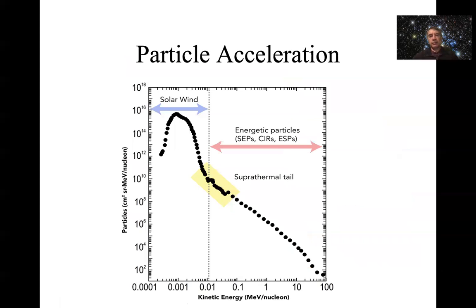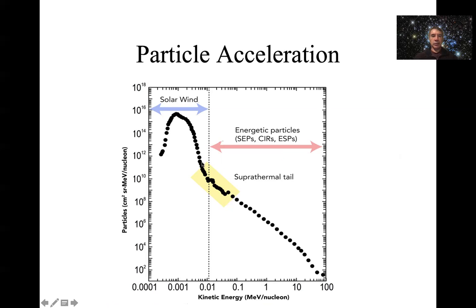So here's an example of this idea of particle acceleration. Along the bottom is the energy of the particles. This has been measured in situ by dedicated satellites orbiting the Earth, capturing the charged particles as they hurtle past the Earth and measuring their energy spectrum.